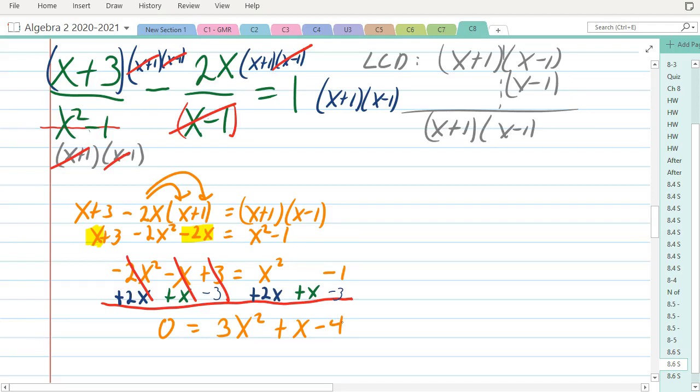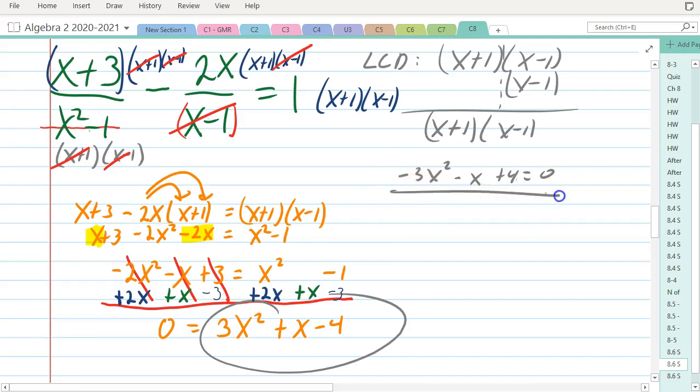Now, if you move things the wrong direction and you ended up with a negative 3x squared, negative x, and positive 4, that's okay. Just factor out a negative sign. And this is what I mean. If you move things the wrong way, you would have ended up with negative 3x squared minus x plus 4 equals 0, and we don't want to deal with that negative sign, so you can just take out a GCF of a negative 1.